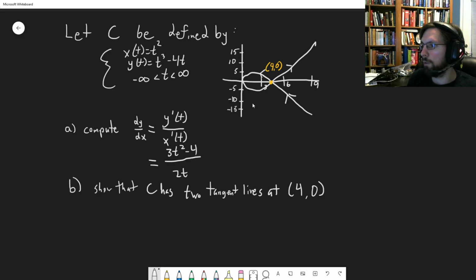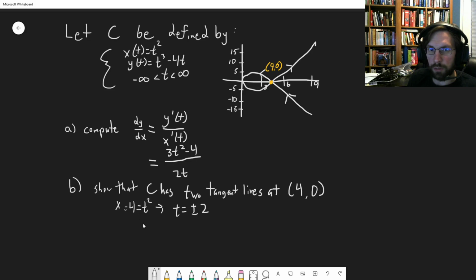Okay, so if you remember, (4, 0) actually has two solutions here. So if we forgot, we can figure this out relatively quickly. We know that 4, which is our x value, has to be equal to t squared. And if we solve this, that means t has to be plus or minus 2.